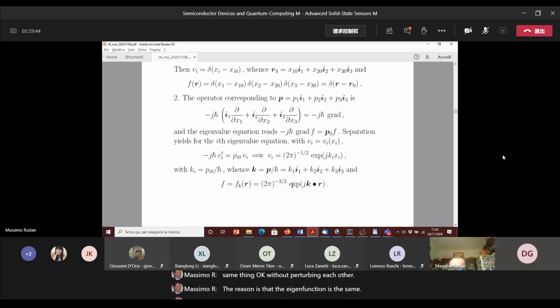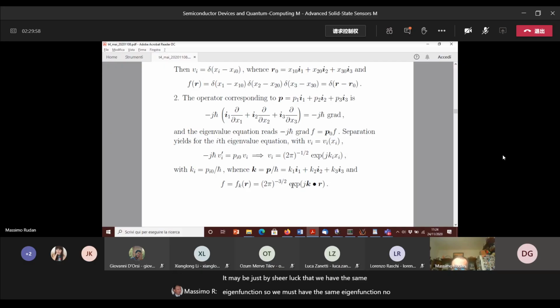Is this sufficient? Well, no. It may be just by sheer luck that we have the same eigenfunction. So we must have the same eigenfunction no matter what the value of momentum or energy is. So in order to be sure that a measurement of one quantity does not perturb the measurement of another dynamical quantity, the two quantities must be associated to the same full set of eigenfunctions.